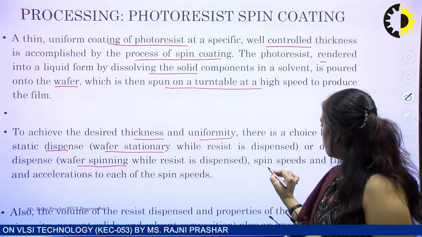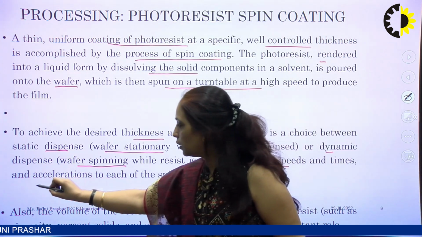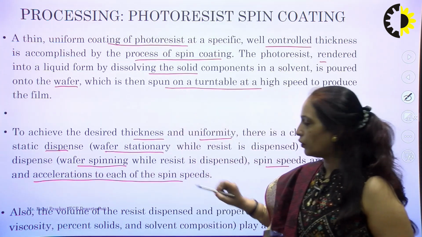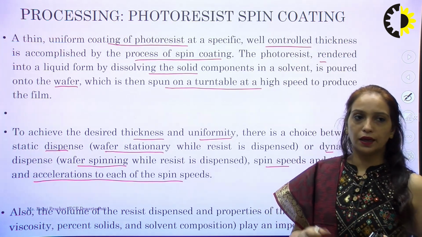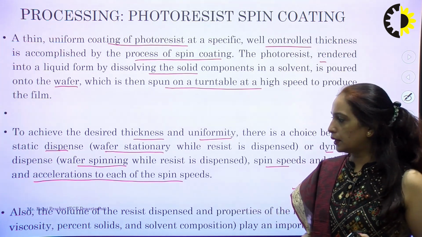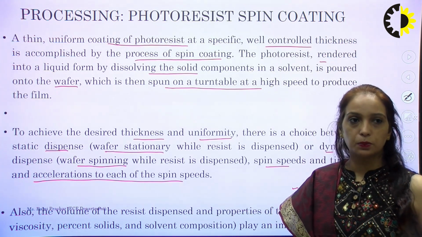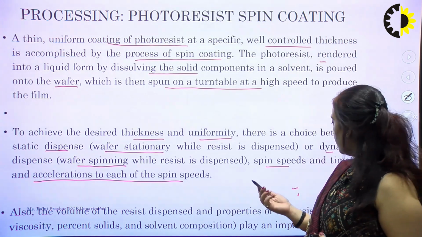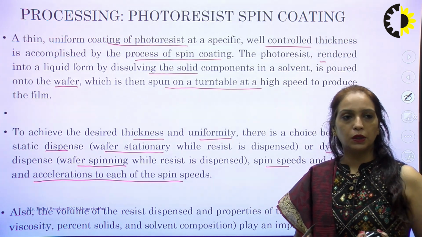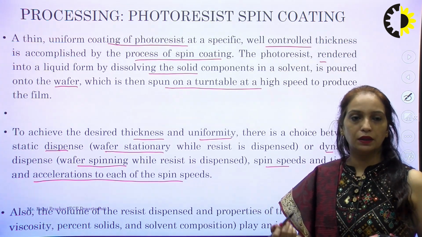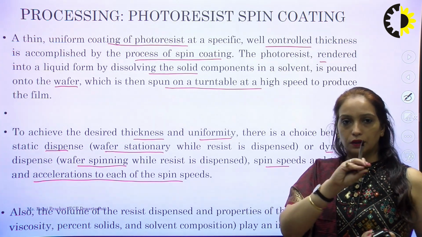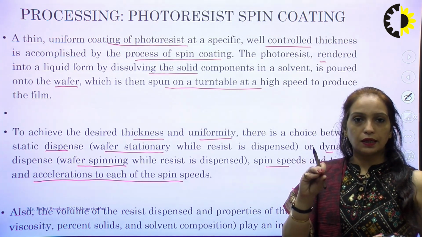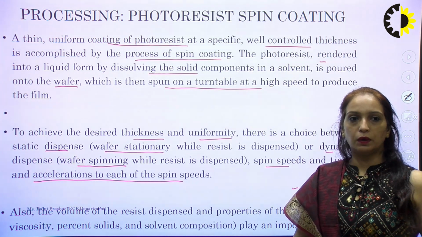The spin speed, the time of rotation and the acceleration of each spin will give you a uniform thickness. So with the help of these three parameters, the acceleration, the spin speed, and how long we spin the turntable, that will all determine how much thickness of the PR is going to be applied on the substrate.